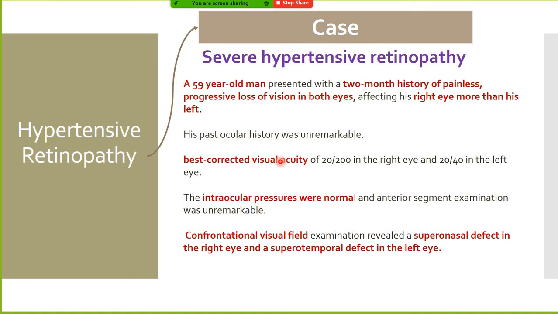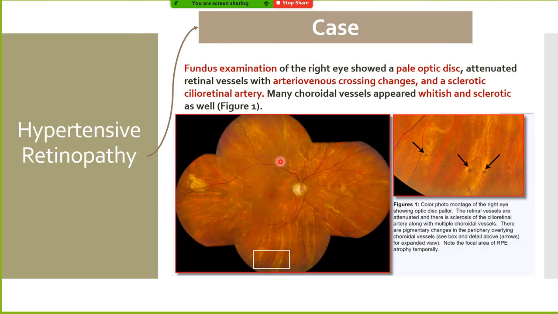On confrontation, he had a supranasal defect in the right eye and a supratemporal defect in the left eye. Fundus examination of the right eye showed a pale optic disc. There are attenuated or tortuous blood vessels with arteriovenous crossing.